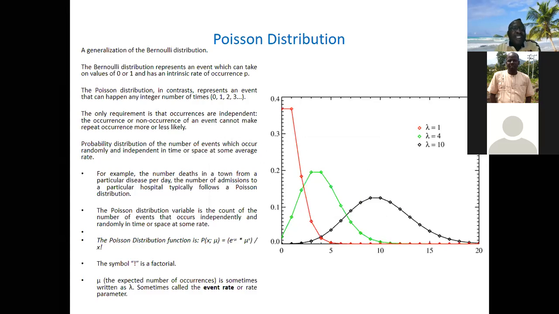Poisson is a generalization of the Bernoulli distribution. So as I said, Bernoulli is the basis for all these discrete probability distributions.